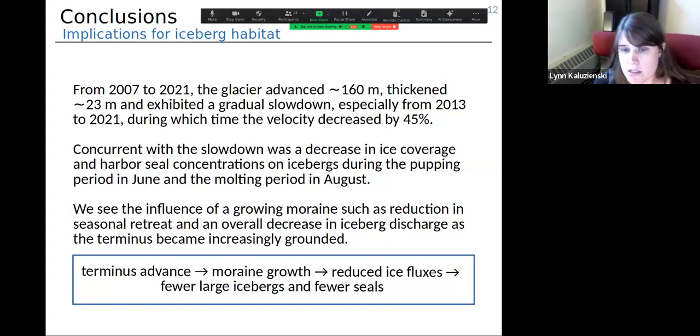In the later part of our survey, from 2013 to 2021, the velocity decreased by around 45%. Along with this slowdown was a decrease in ice coverage and harbor seal concentrations. Again, this is just for the months of June and August, but that's the main time that these seals are utilizing this area.